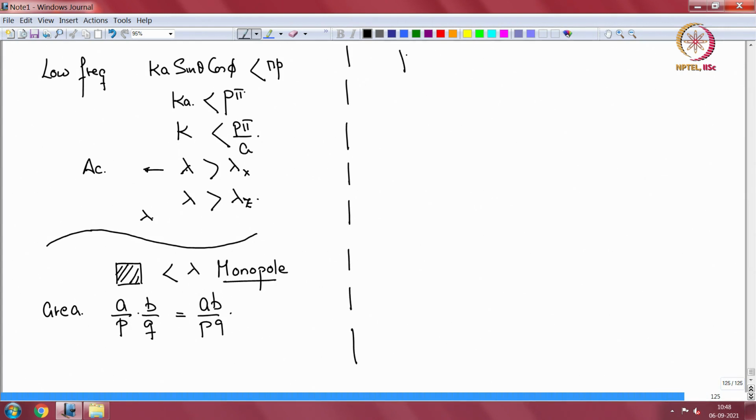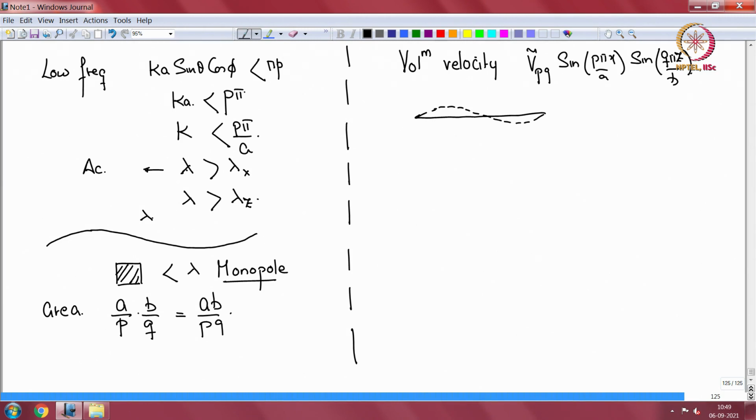So we need volume velocity when the whole panel is vibrating as V tilde PQ sin p pi x by A and sin q pi z by B. If I look at one direction, the whole panel is doing something like this, and somewhere in the 2D panel there is a small cell sitting. So I have to compute the volume velocity from that single cell.